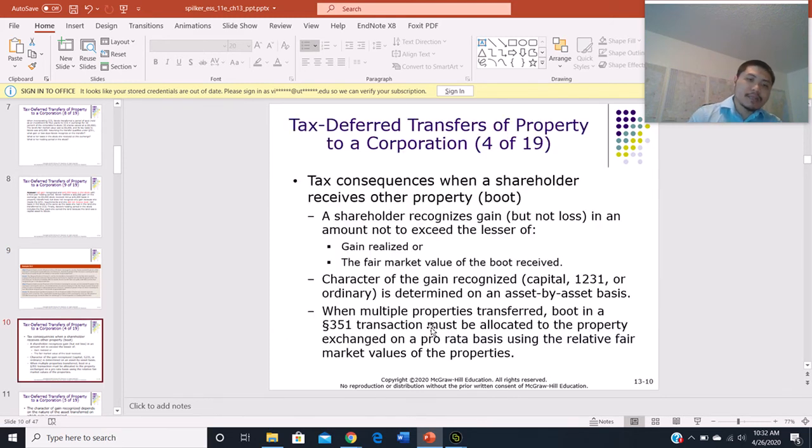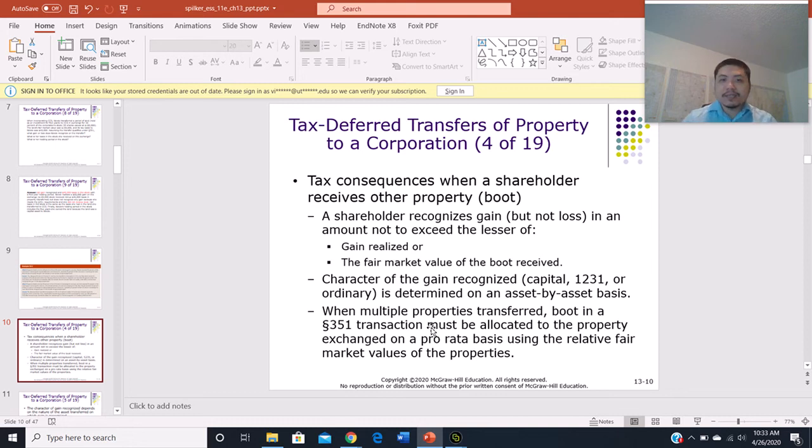All right. So now let's talk about the case when there's a boot involved. Boot happens when, like I said before, there's not only stock involved, but also other properties exchanged. So let's say a shareholder contributes some properties, and in exchange the corporation gives them stock and some other property, either cash or some other property.